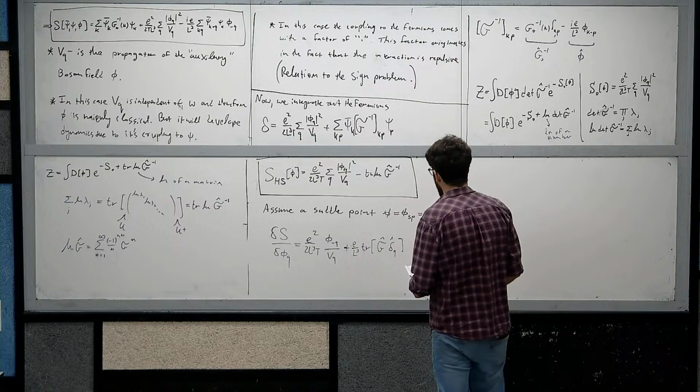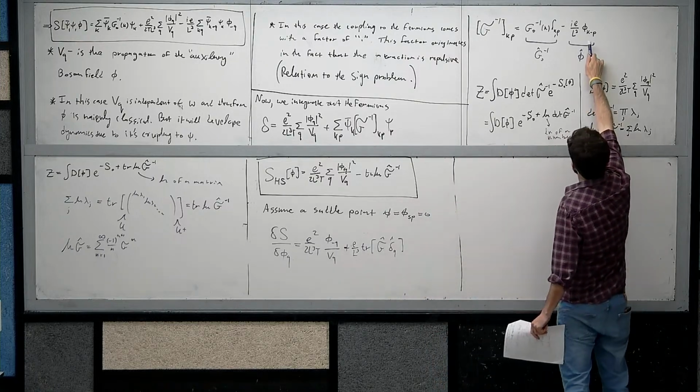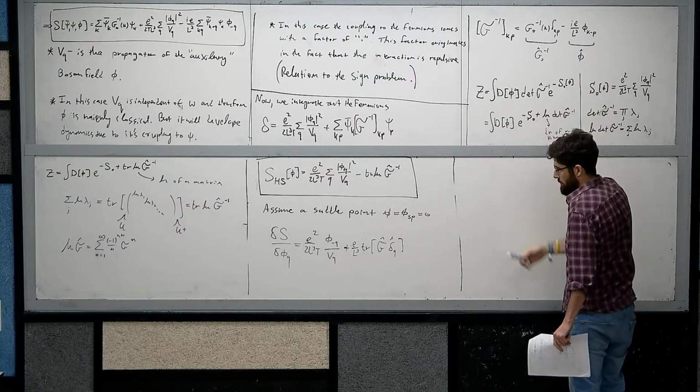Okay, and delta is exactly the one that fixes that k minus p is q.